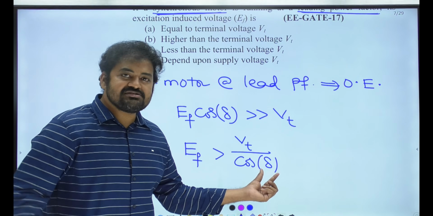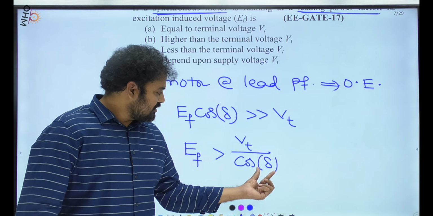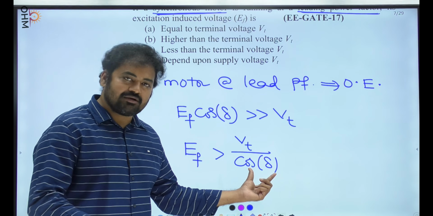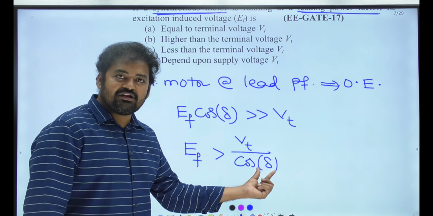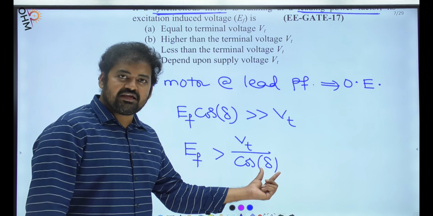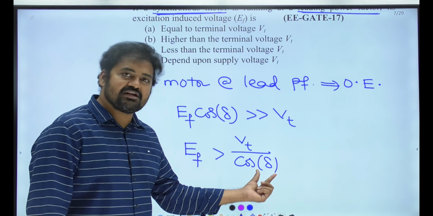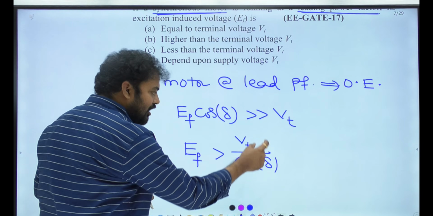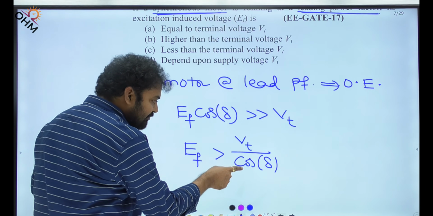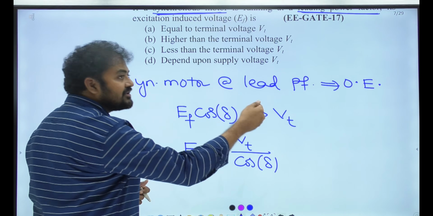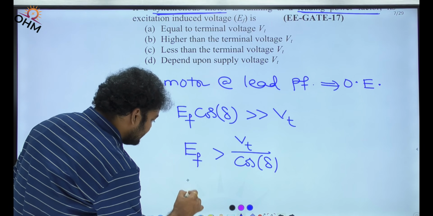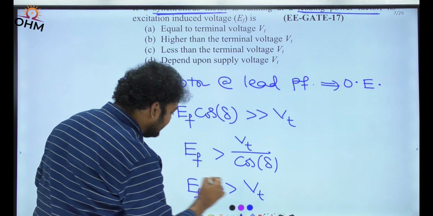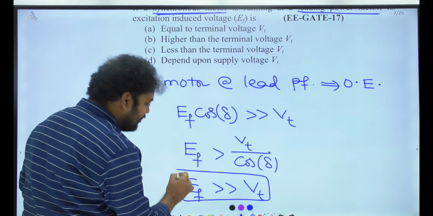Suppose delta is equal to 0, cos 0 will be equal to 1. If delta is a finite value, cos of any finite angle except 0 is less than 1. So whether cos delta is equal to 1 or less than 1, 1 by cos delta will always be greater than or equal to 1. That means the EF value will always be greater than Vt irrespective of the cos delta value.